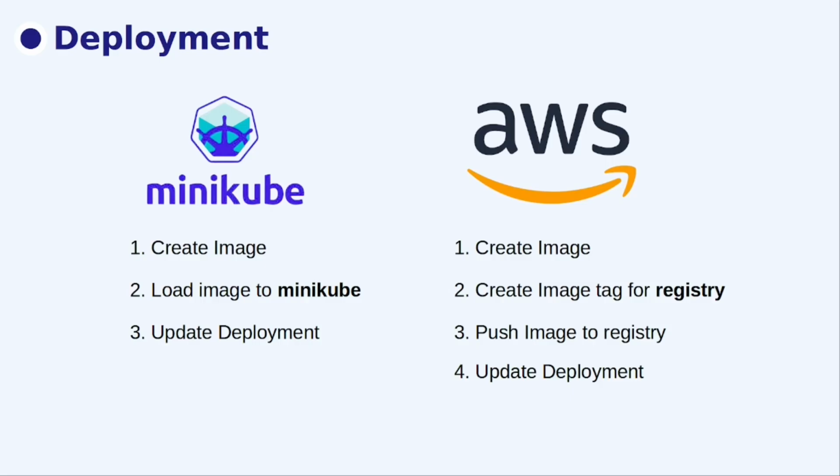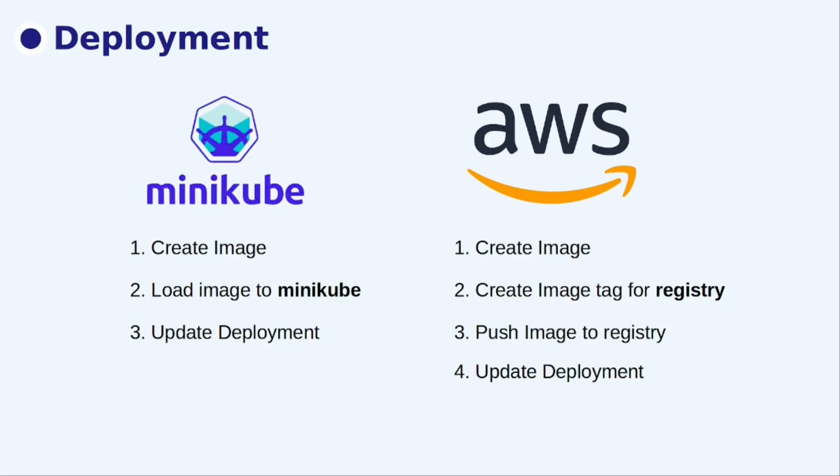In Kubernetes, there are 2 common ways to deploy an application depending on the environment: local development and cloud deployment. The first way is using Minikube, which is typically used for local testing. The process is simple. First, we create a Docker image for our application.